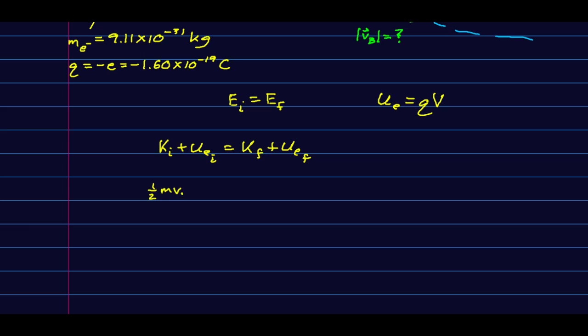A half m v_A squared, there's our initial kinetic energy, minus e V_A, and I'm being careful to make this lowercase and this uppercase. So you should now solve for what we're looking for, which is this, and check it against my answer.